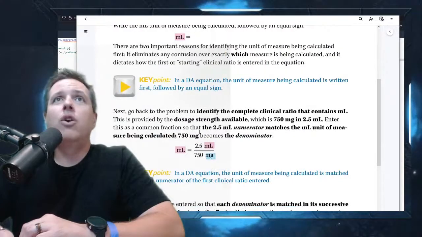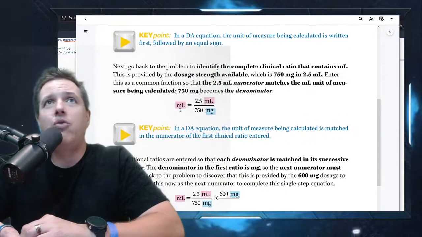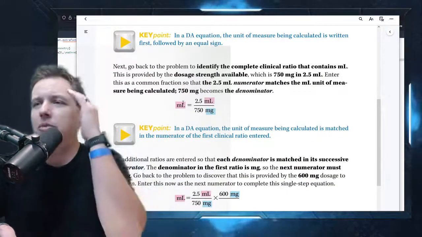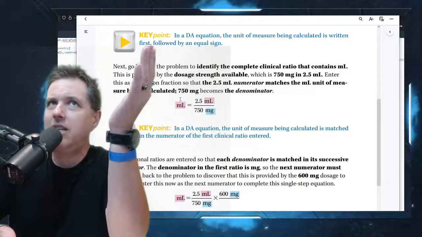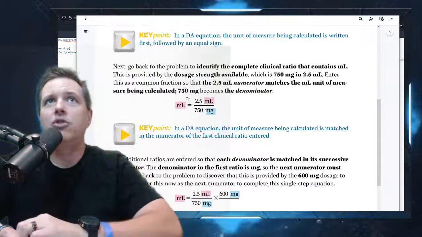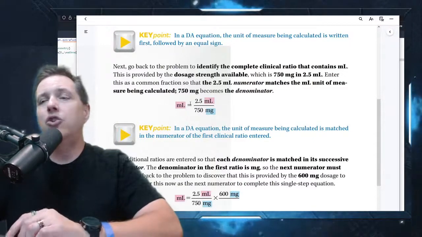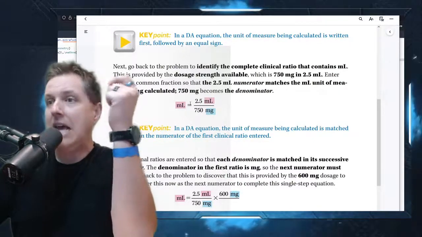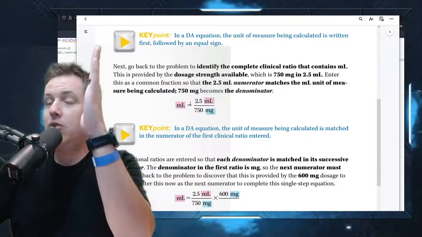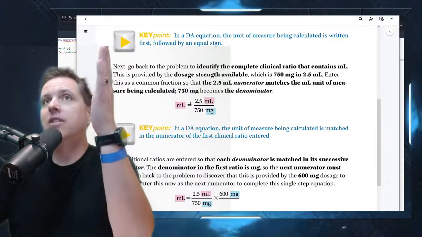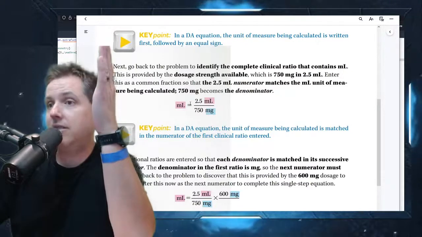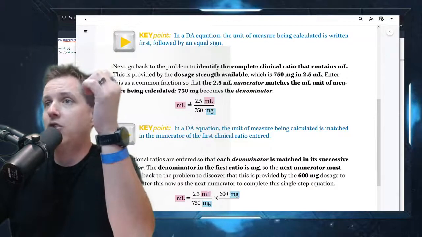So the way this works is you start with whatever quantity you want. If you're doing a problem and you go, okay, the unknown amount that I need to find is milliliters, then you start with milliliters. And then what you're going to do is think about it in terms of always getting things to cancel. Remember how you would simplify a fraction? Let's say you had 4/6. What would you do?